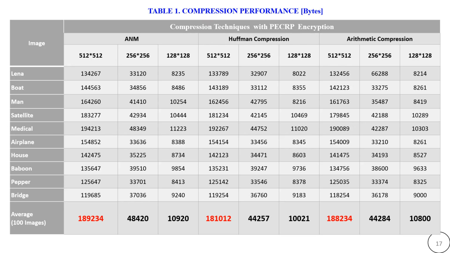Out of that, 10 standard images with different dimensions are used to show the result. Compression performance is the measurement of the number of bytes reduced from the original image. In the table, ANM shows better performance for all the images than arithmetic and Huffman compression.